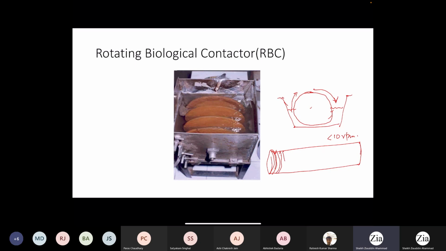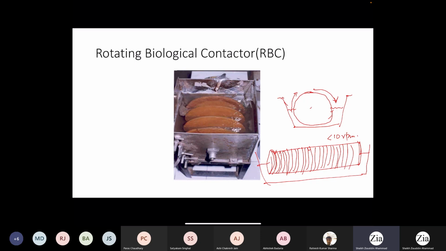So in between these multiple disks, you will actually get some space for accommodating the biofilm. And this entire drum-like structure will rotate in a big tank.